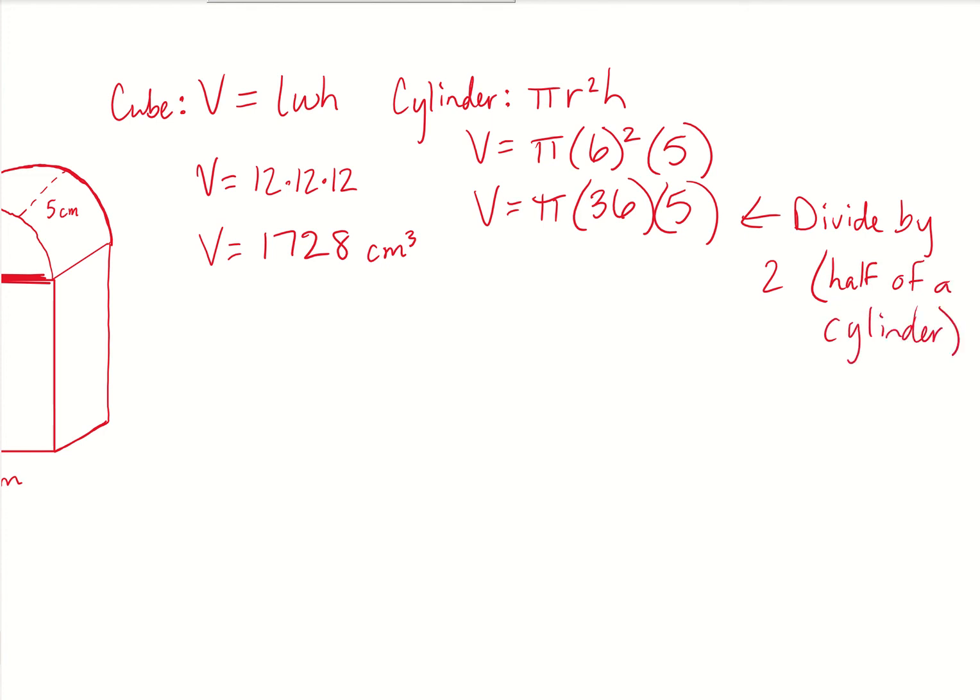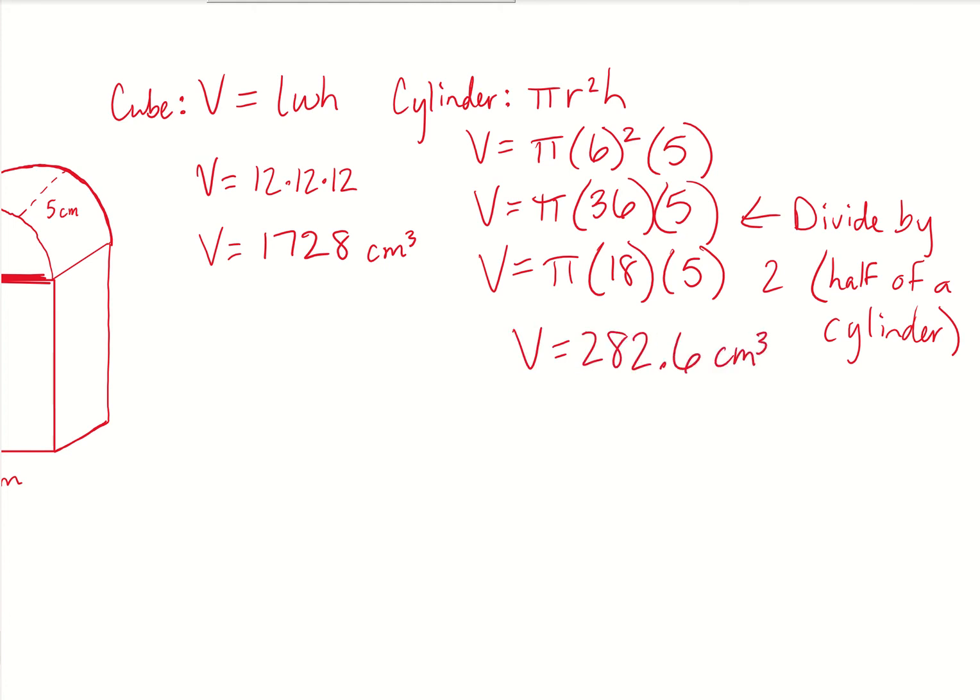So I can just divide the 36 by 2 and we'll get the same thing. So I'm going to do pi times 18 times 5. Now I'll find that in my calculator. 18 times 5 is 90, and times 3.14, we get 282.6 centimeters cubed.